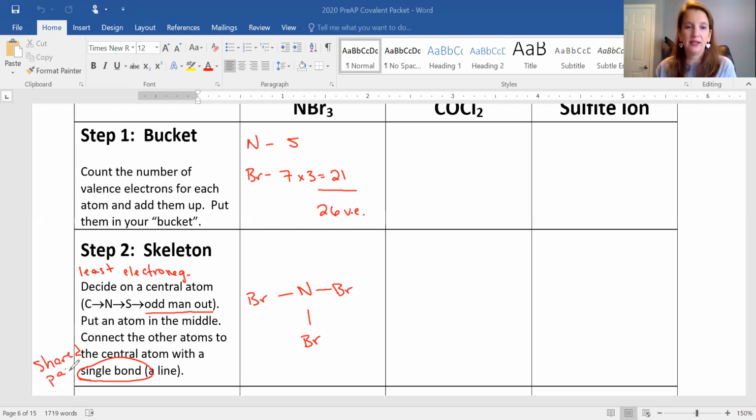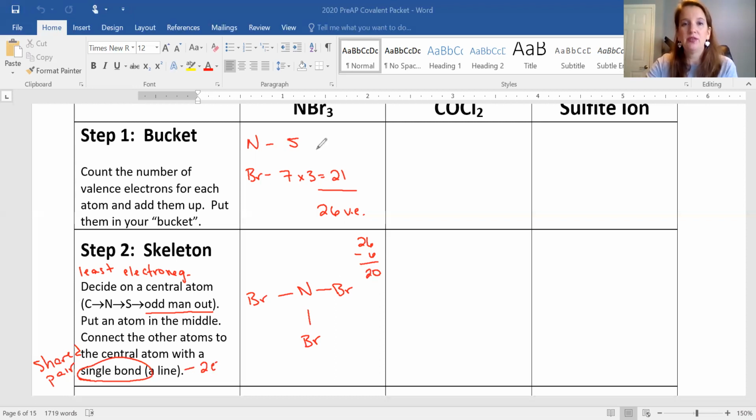So since the line represents a shared pair, a line represents 2 electrons. When we drew this skeleton, we drew 6 electrons, and we subtract 6 from our total of 26. So now we have 20 electrons left.